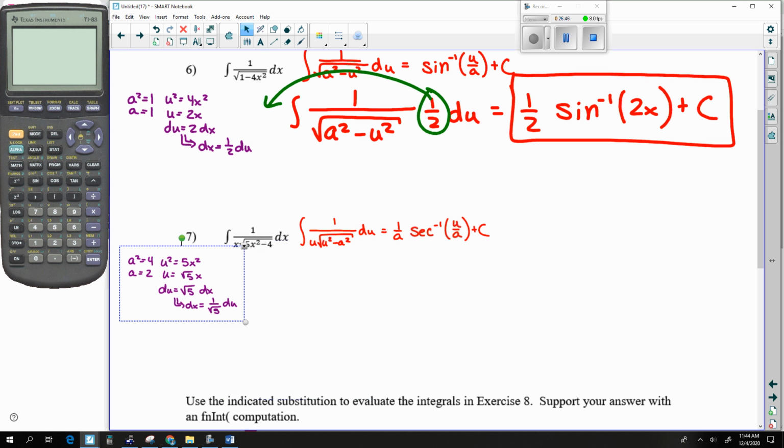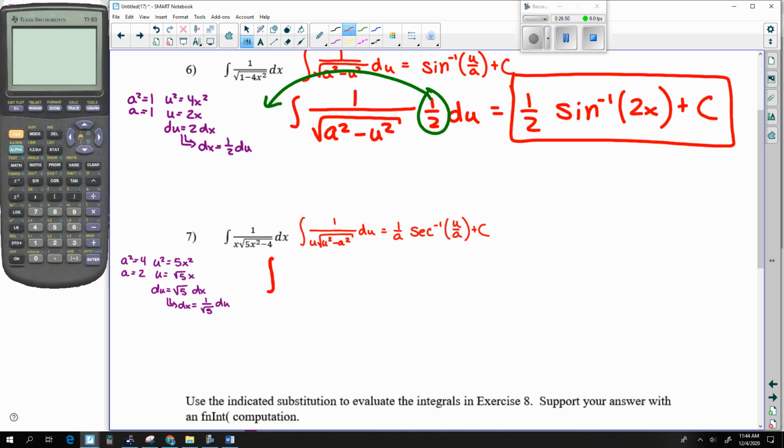So again, we go back to the very original question and just make these substitutions. The x isn't something easy, so let's deal with this x. x is equal to 1 over root 5 u.